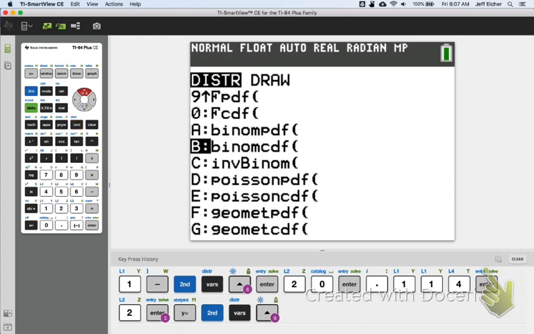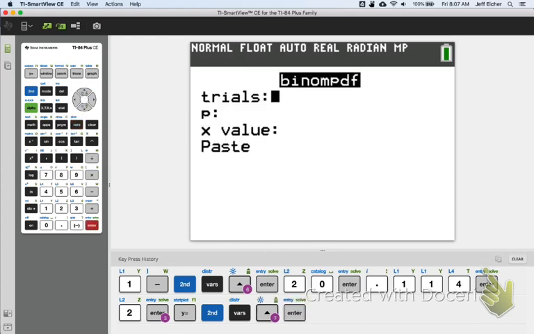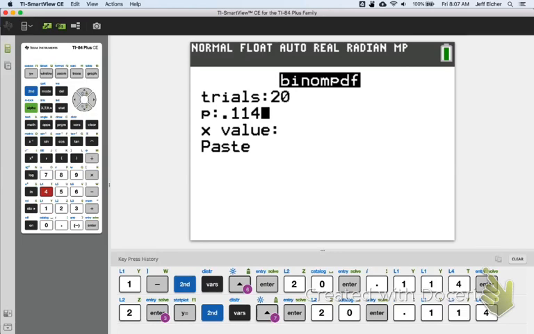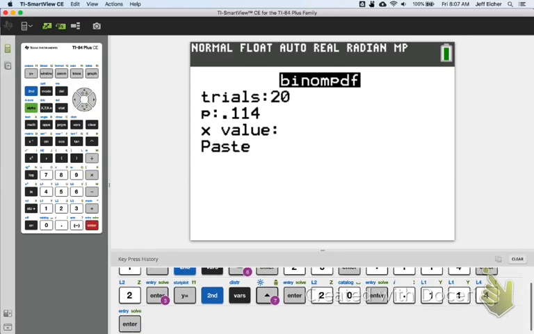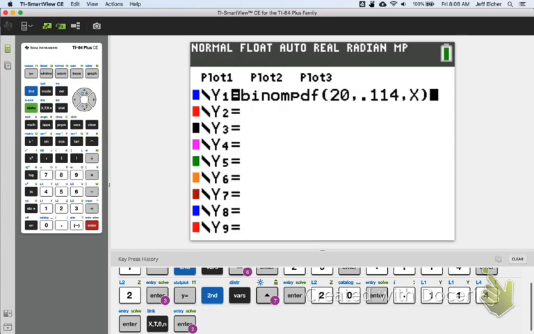If you go binom PDF, and we have 20 trials, that's fixed, that's a constant. We have a probability of 0.114. And then let's just put x, this x up here, which is next to alpha. And then we'll paste that in there. And what that should do is calculate different values of x for us, so we could see them all.